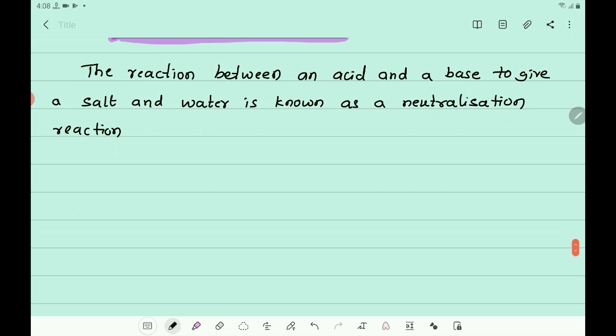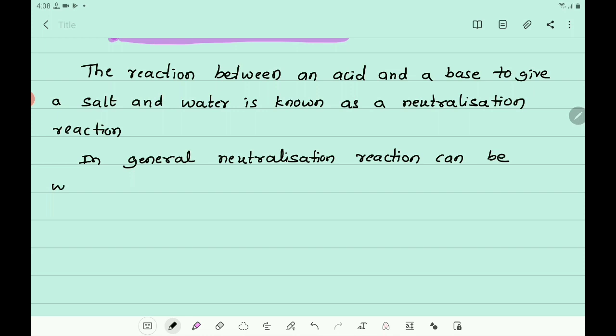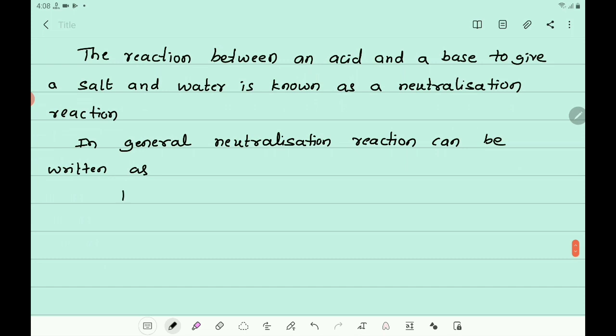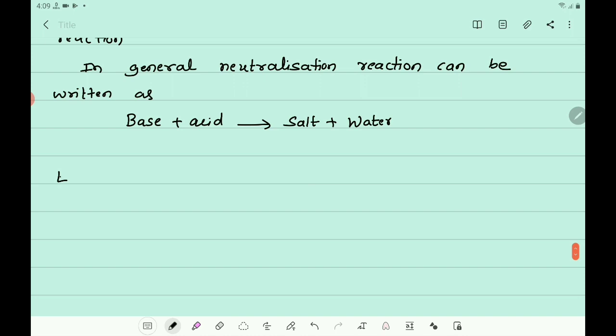And you can write it, in general, as base plus acid gives salt plus water. Salt plus water. So you can give an example.